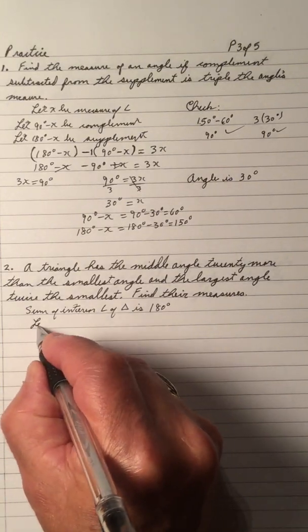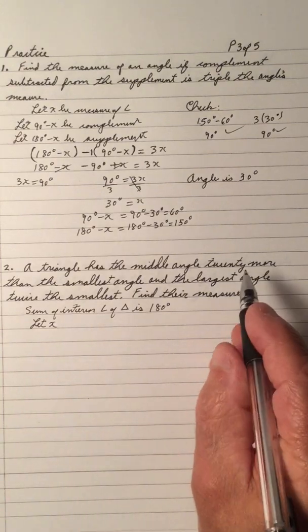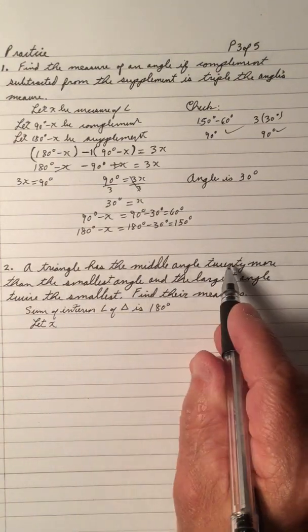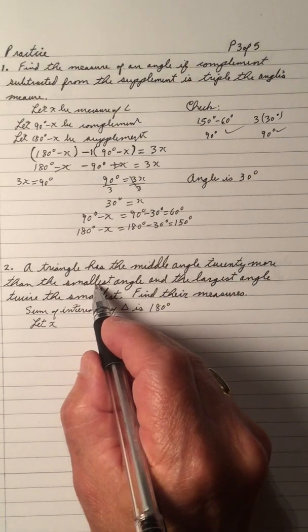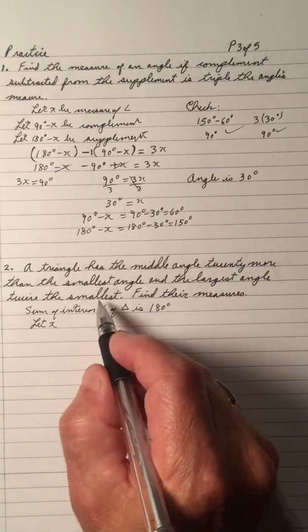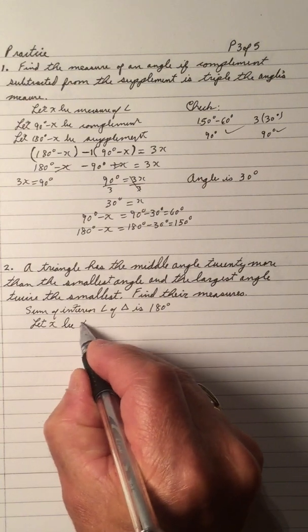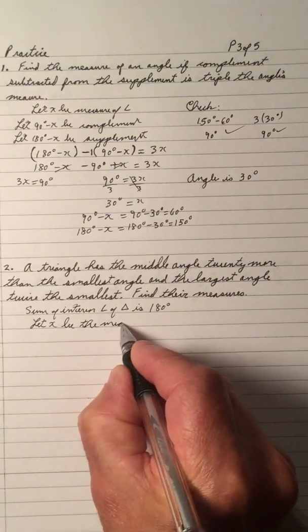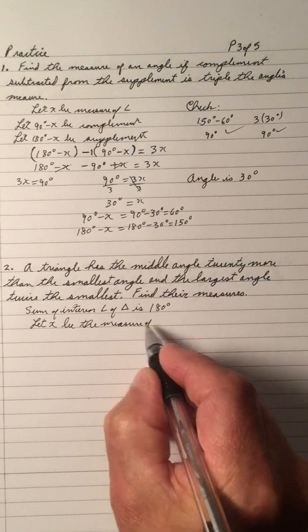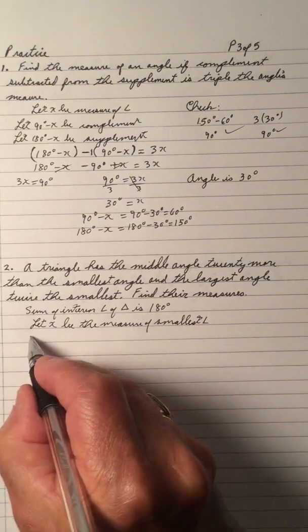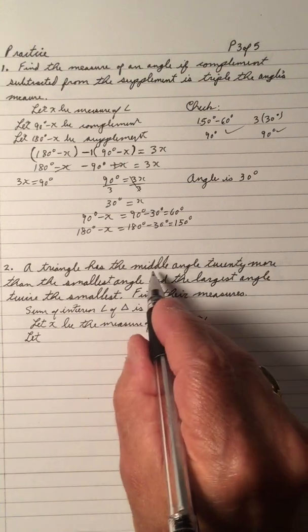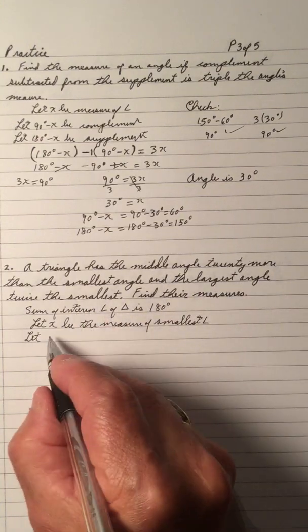So let's let x, which angle? Is there an angle repeated here twice? Because you got three items, 3 angles. So the smallest angle is repeated twice. So let x be the measure of the smallest angle. The middle angle is 20 more than the smallest.